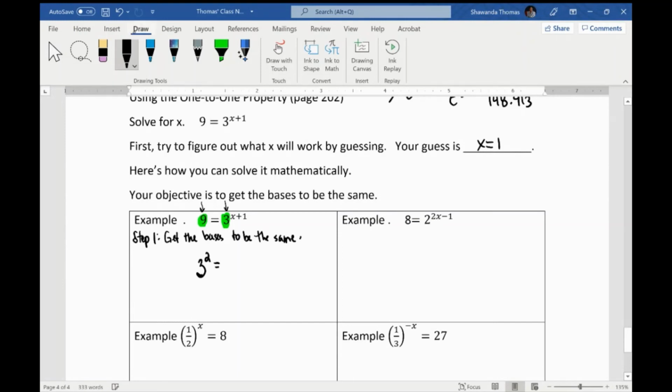Correct. All right. So we first start with that step. Once the bases are the same, set the exponents equal each other.